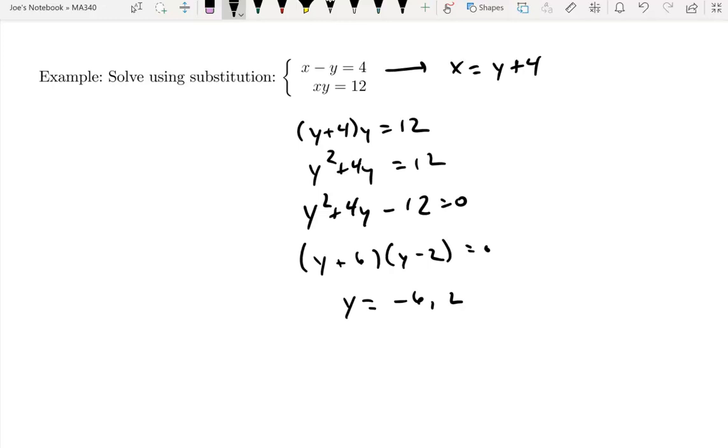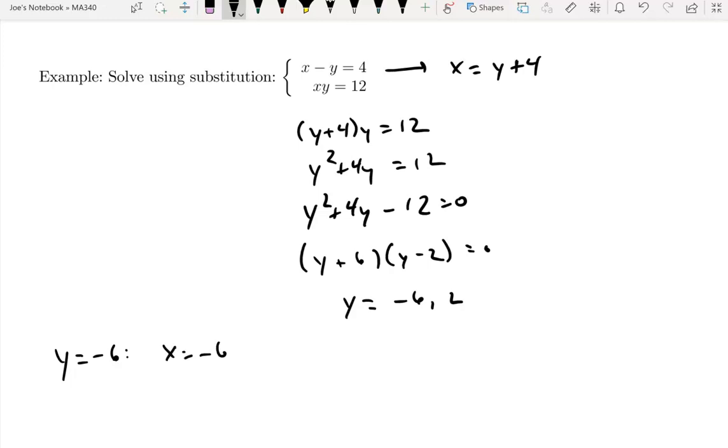So far, so good? Can we figure out the x's that pair with these? What do you get? If y is negative 6, what do you get for the x?